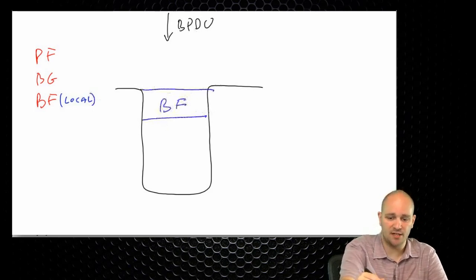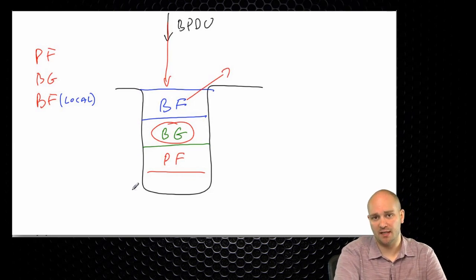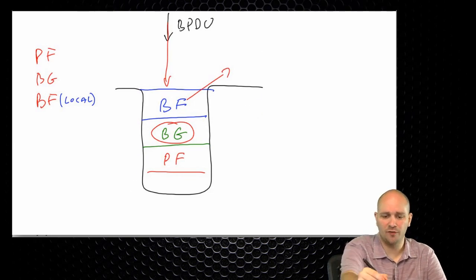The next feature that sits right behind the BPDU filter will be the BPDU guard, and then we have Portfast here, which means that the incoming BPDU will actually hit the filter, and this frame will be dropped before the guard is encountered.